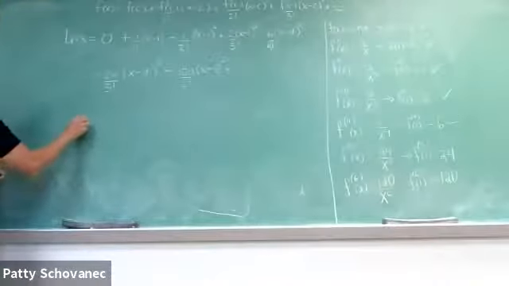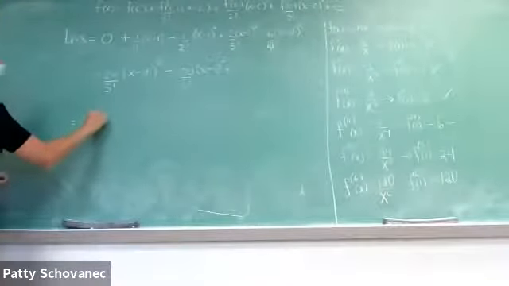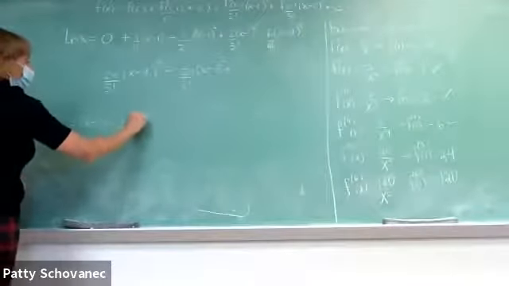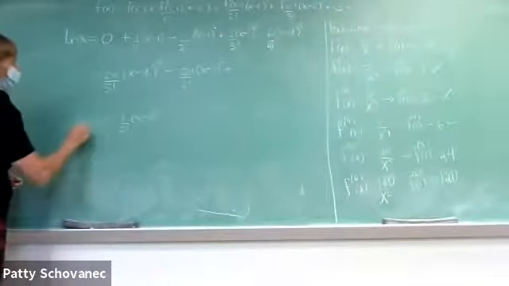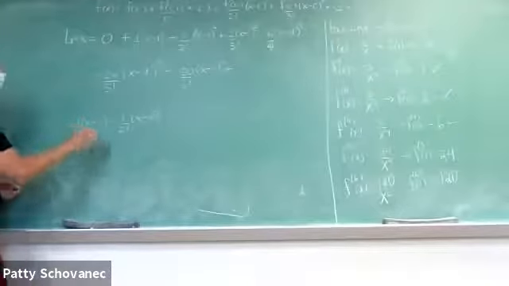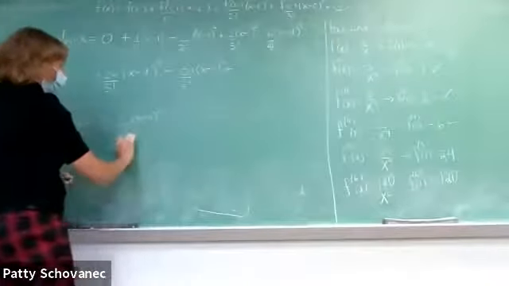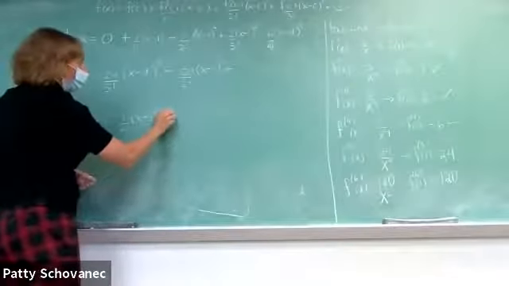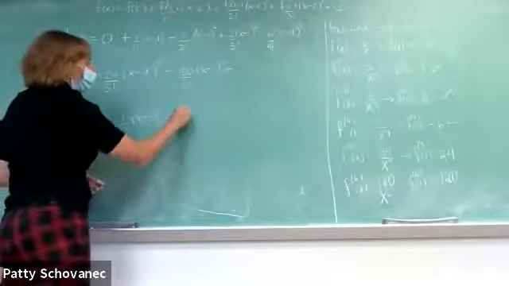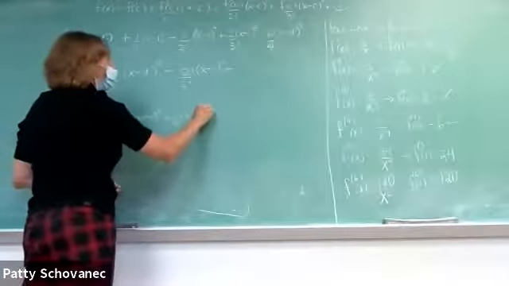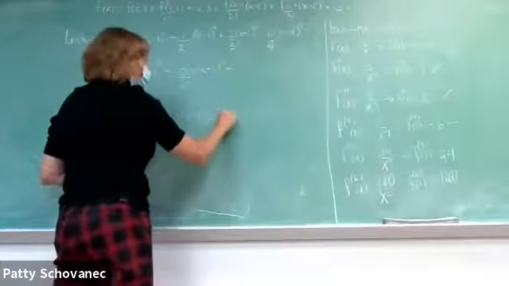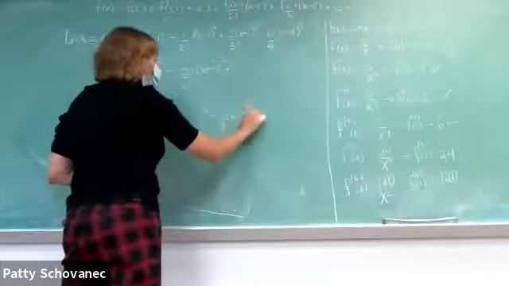So I'm going to write this as x minus 1 minus 1 over 2 factorial, x minus 1 squared. I'll go ahead and put the 1 factorial here. And then I don't want the factorial because I'm going to cancel the factorials. So then I'm going to write this as 1/3 times x minus 1 cubed minus 1/4 times x minus 1 to the 4.